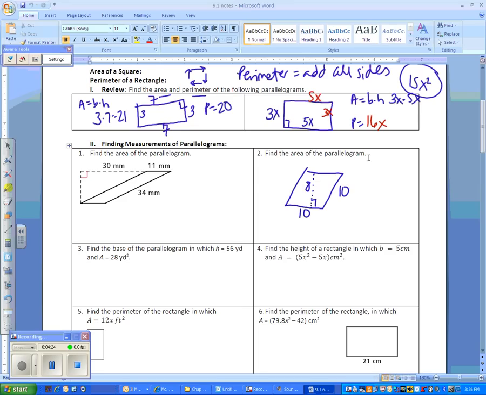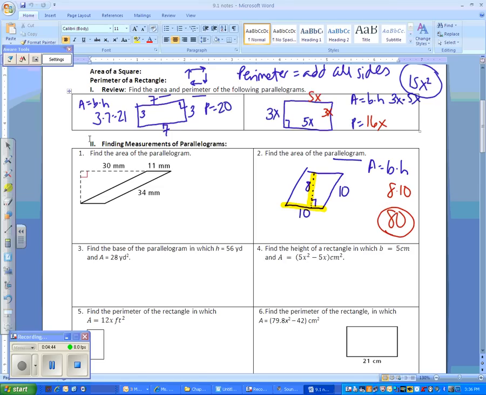You know it's a parallelogram, so you know that the formula for area is base times height. The question is now, which ones are your base and your height? You have to look for the perpendicular sides. So the 8 and the 10 are perpendicular, so the 8 and the 10 are going to be your base and your height, and your answer is going to be 80.